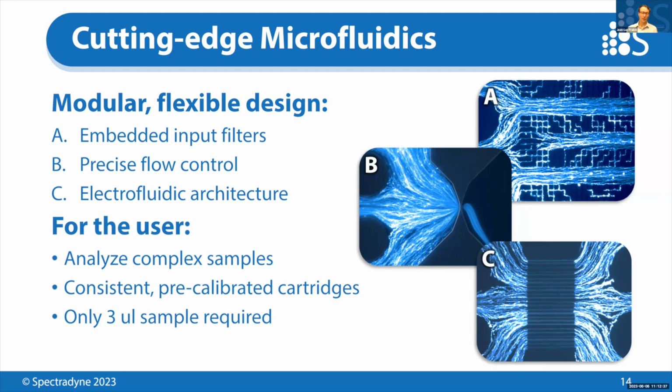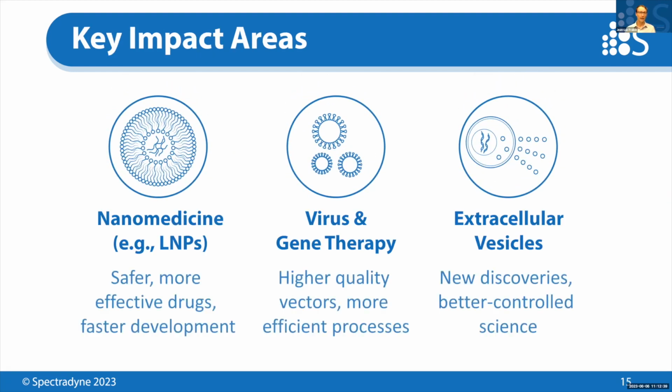So this technology has key impact areas in nanomedicine. For example, LNP quantification, where the ARC will deliver safer, more effective drugs and faster development times. In virus and gene therapy applications, it will enable higher quality vectors.